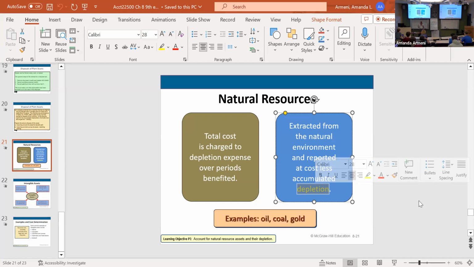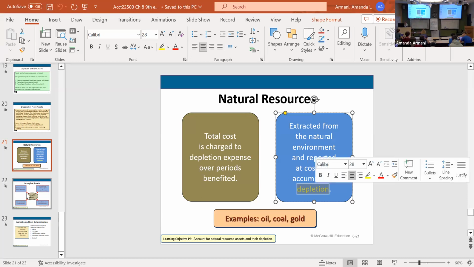Same idea, same way to account, just a different terminology a little bit. Instead of calling it depreciation, it's called depletion. Instead of calling it a fixed asset, it's called a natural resource. Same idea, okay?